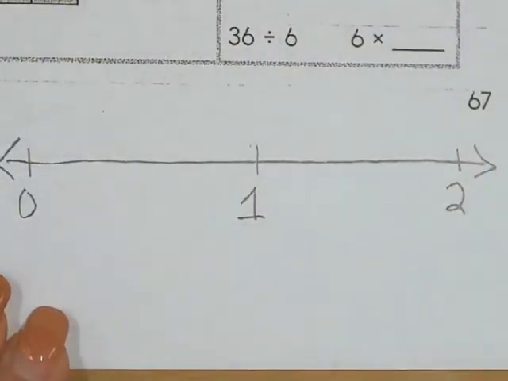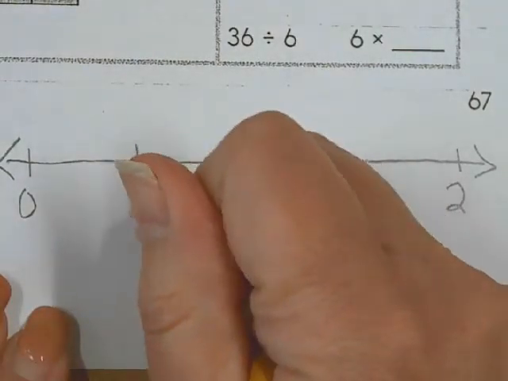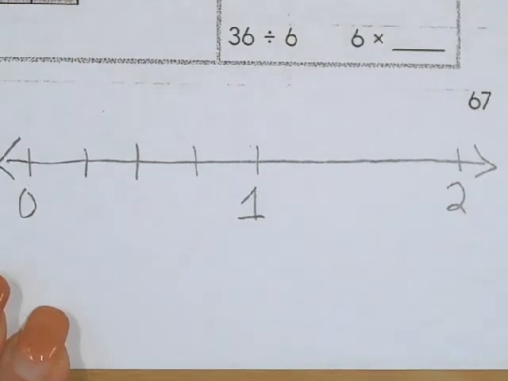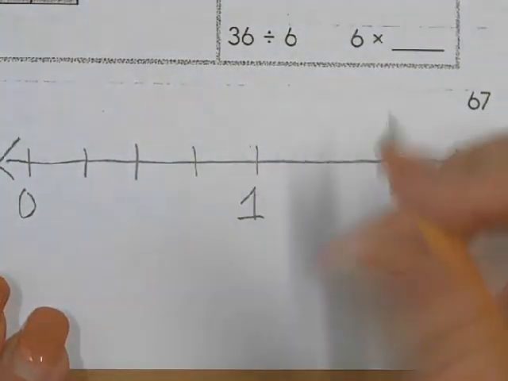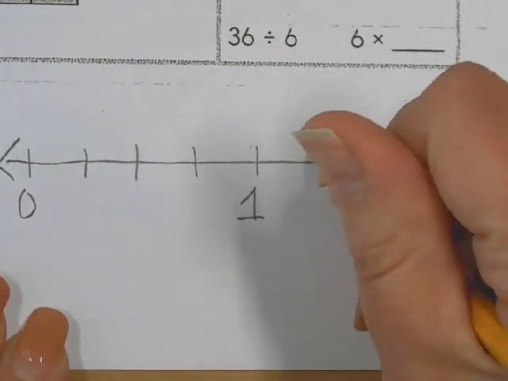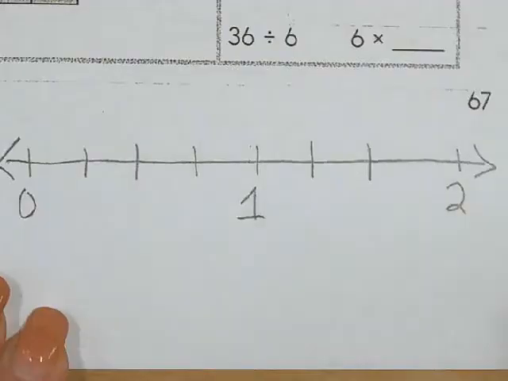We took each of the whole rectangles and we partitioned them into 4 equal pieces. Notice I started with the half mark. This whole, I'm going to do the same thing. I'm going to cut it into half first, and then I'm going to take each half and partition it into 2 more parts to make fourths.